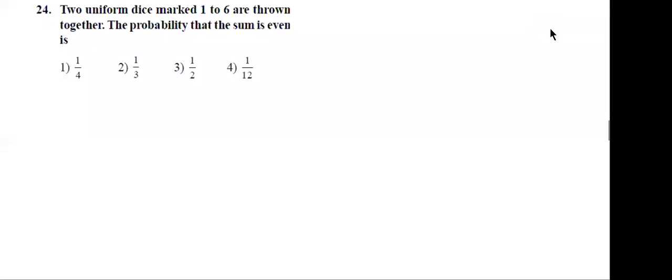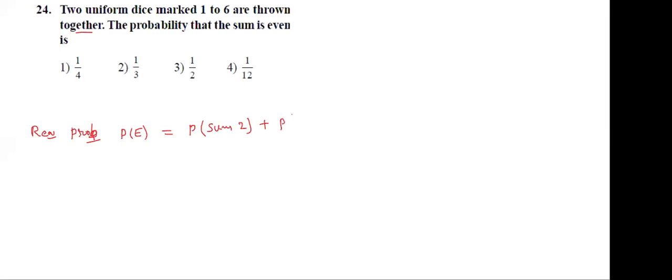Two uniform dice marked 1 to 6 are thrown together. The probability that the sum is even. So here E be the event that the sum is even. So directly I am writing, students, the required probability. Required probability P of E is equal to the sum of the points is even. So that means tell me probability of sum of 2 points.